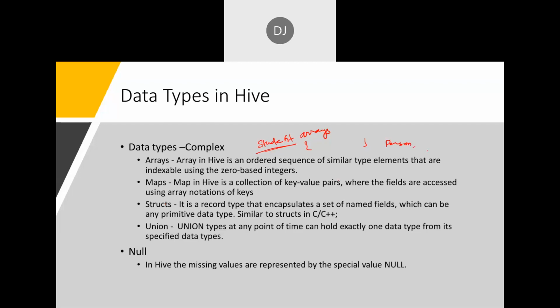And structure is like the combination of data. Structure you understand, no? In C++ also we have the structure. It is a kind of data structure where you can have a combination of data like integer data, array data together, or you can also have strings in that. Okay, that is a structure.